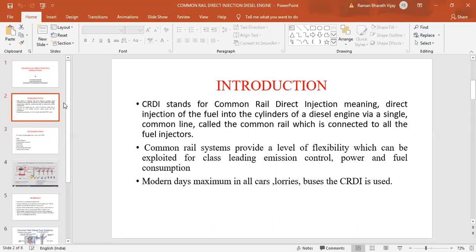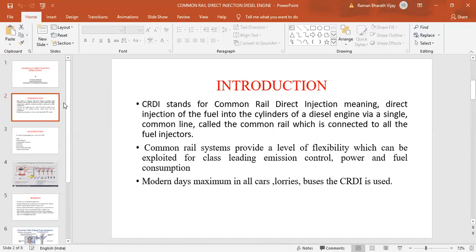In today's technology, in any cars, lorries, and buses, we use only the common rail direct injection method. So what is the common rail direct injection method?